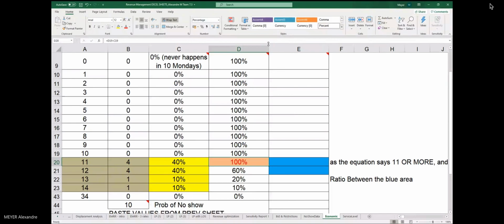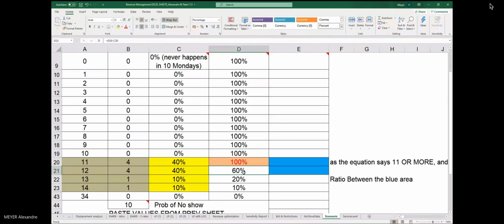Apparently it's a very simple thing people make as a mistake, but here you will see that it's 11 or more. So that's why here on 12 no-shows you have 60%. The reason being, what is the probability that you have 12 no-shows or more? Well, you have to subtract the probability of 11, because it's no longer inclusive of 11, it's inclusive of 12, 13, 14, and so on.